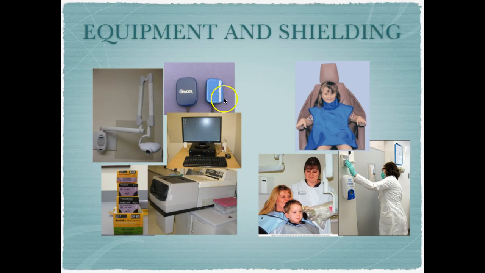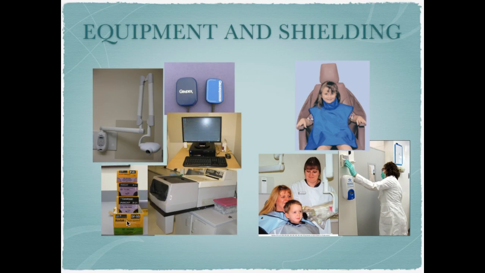If we use digital sensors, it is known and scientifically proven that digital X-ray systems reduce the amount of radiation to the patient. So we want to make sure that our sensors are in good shape and our digital software is in good shape.